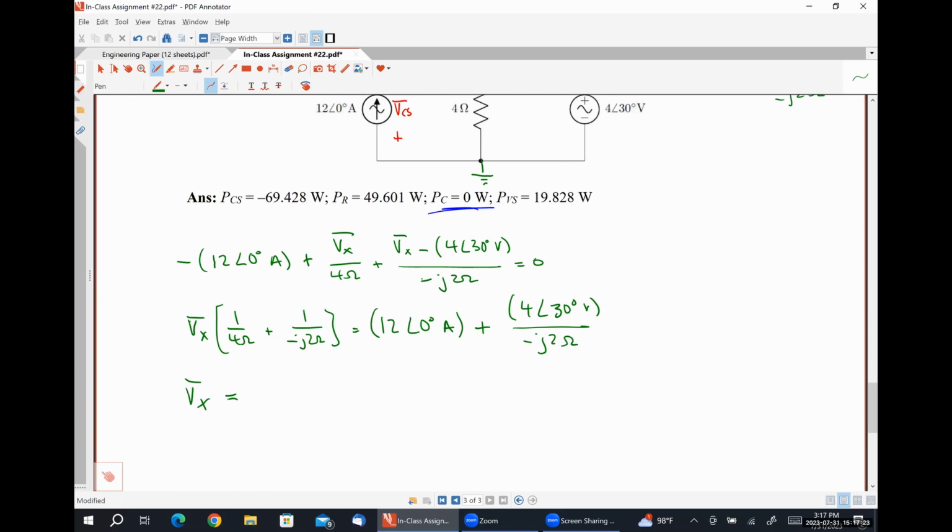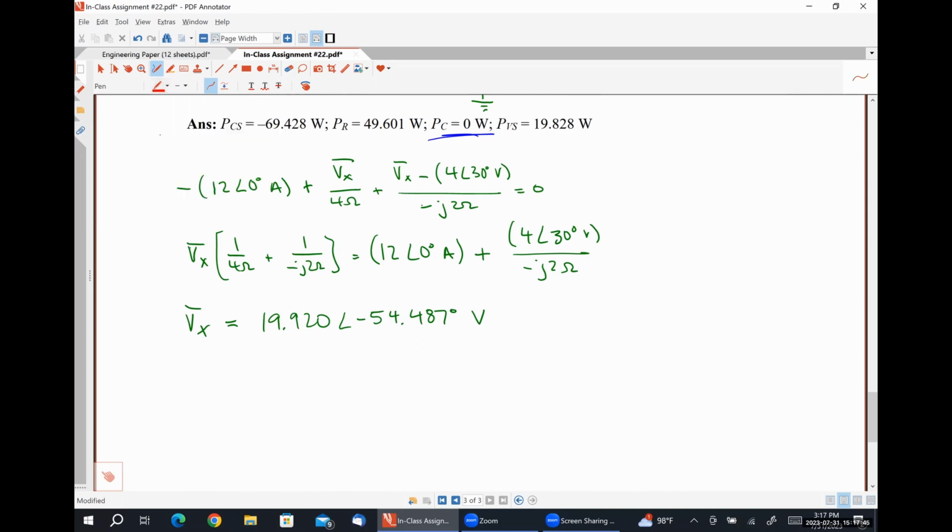X divided by y gives 19.920 with an angle of -54.487 degrees volts.